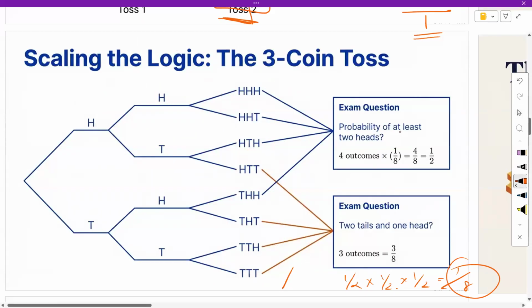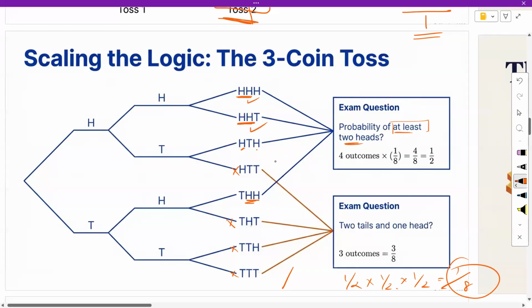At least two heads. We can consider outcomes with two heads. Then we can't consider this one because we have only one head, and we can't consider this because there are no heads.